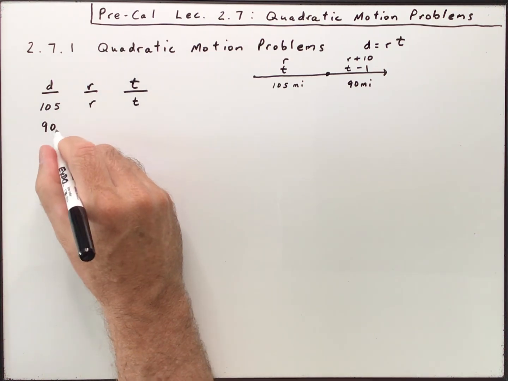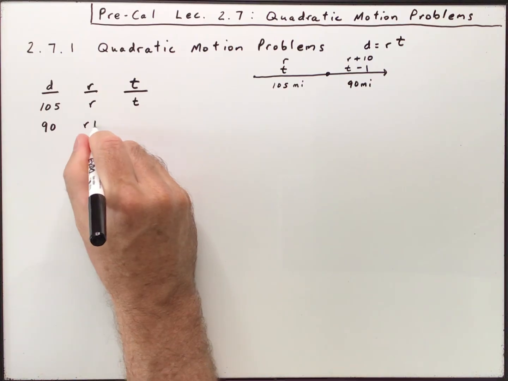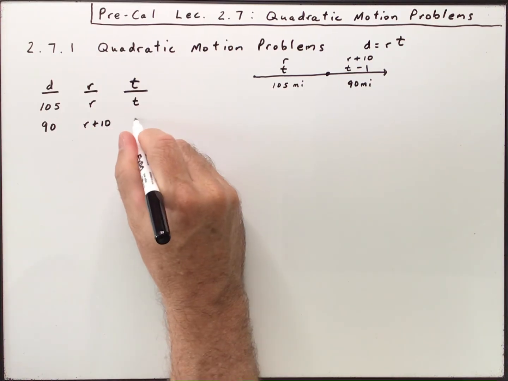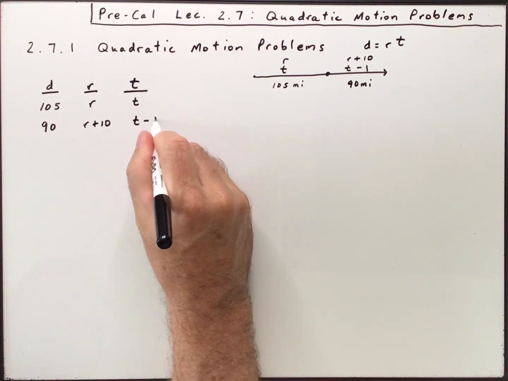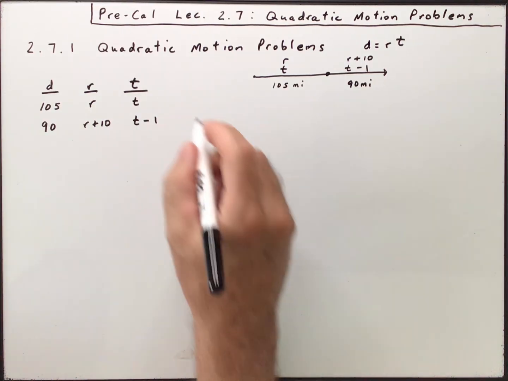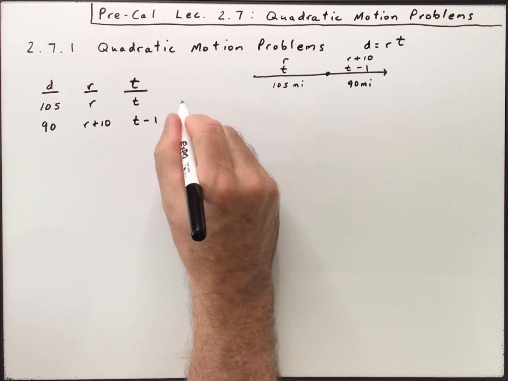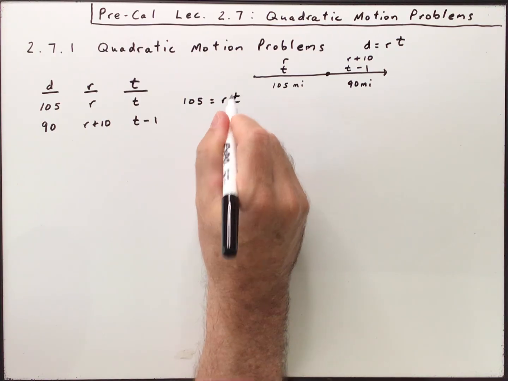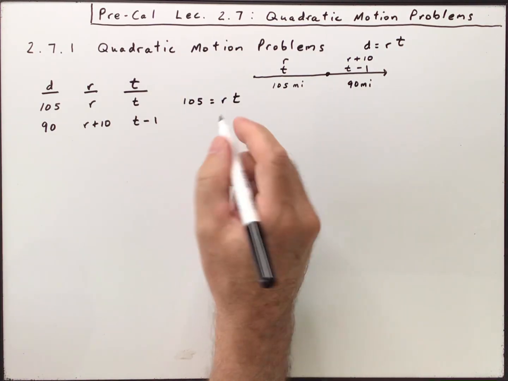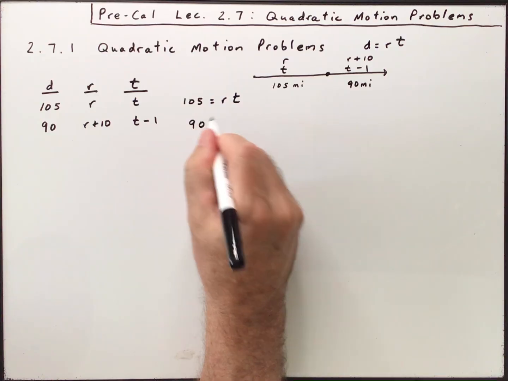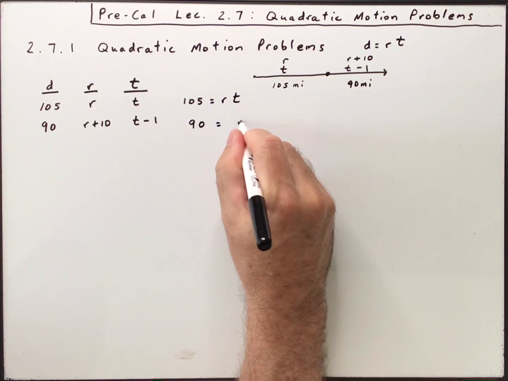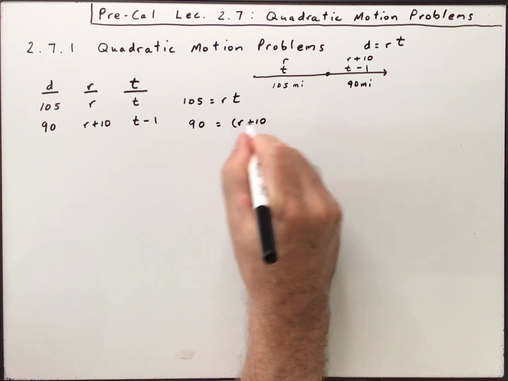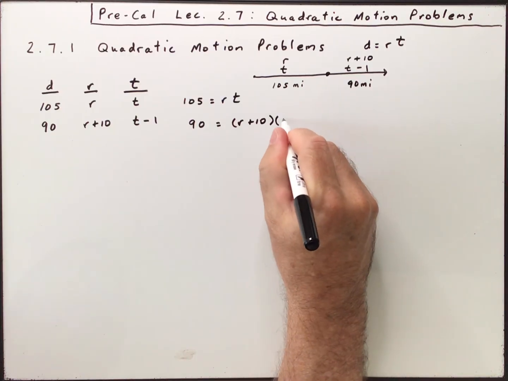And then the 90 miles, it's r plus 10 and then an hour less, so t minus 1. So we have two equations here. 105, distance equals rate times time. 105 is equal to r times t. And 90 is equal to r plus 10 times t minus 1.